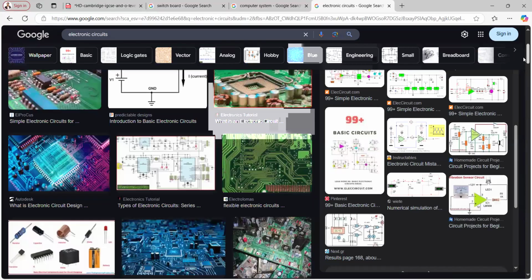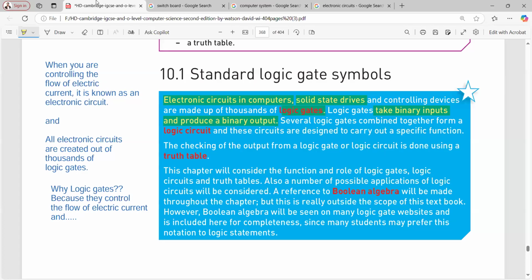Are you getting the concept? Yes, sir. Several logic gates are combined together to form a logic circuit, and these circuits are designed to carry out specific functions, which means we are going to study different types of logic gates and then combine them, and that's how it is going to work.